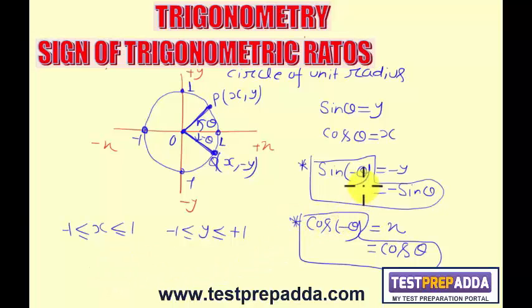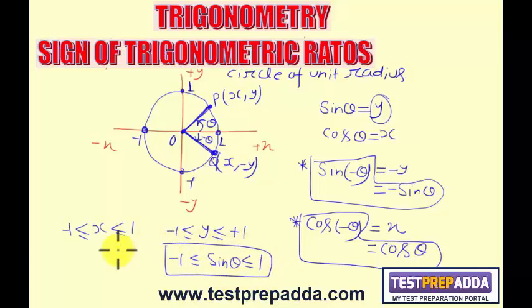Now, sine theta is y. So I can write this as minus 1 less than or equal to sine theta less than or equal to 1. Okay, so on this basis we predicted that for all values of theta, sine theta will lie between minus 1 and plus 1. A very, very special conclusion.